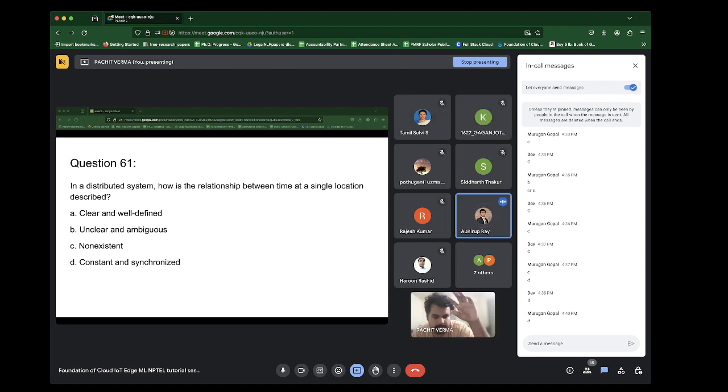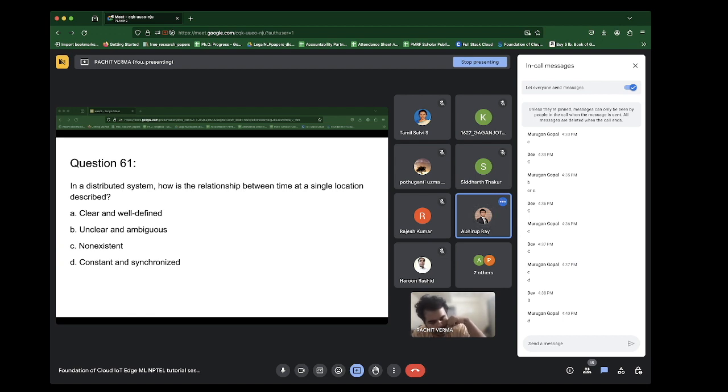Let's say you have one device with 5 processors. Each of these processors has some relationship, right? There's some clock operating. Usually the clock in an embedded system is driven by a single crystal oscillator. So it's constant and synchronous.